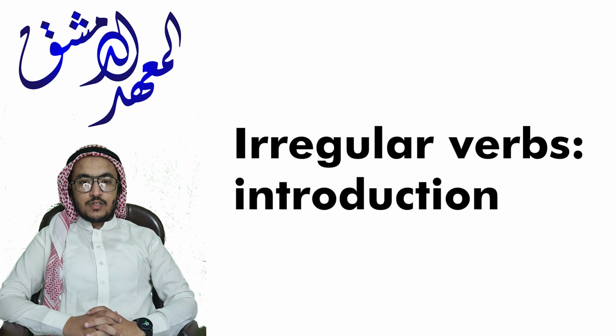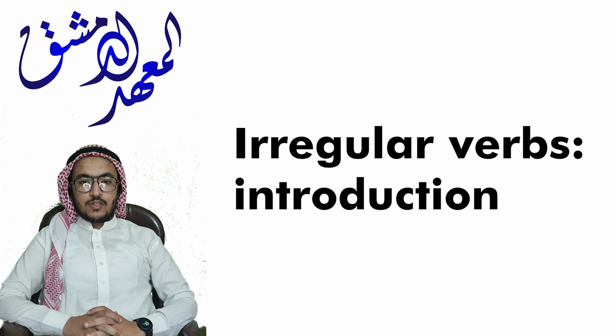The difference is that whereas in the past the long vowel in the middle is always a long a, for example kana, in the present it is long e if the second root letter is ya, and usually a long u if the second root letter is va. For example, yazuru, he visits, from the root zur.